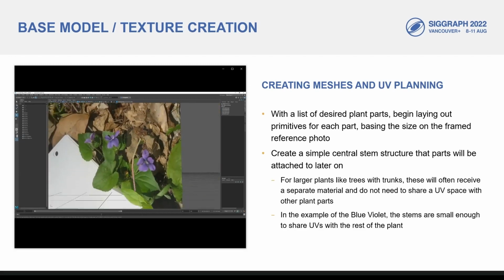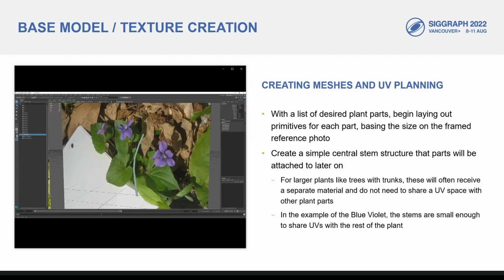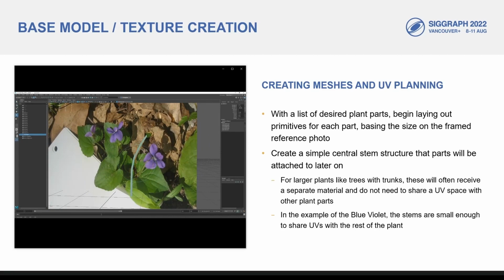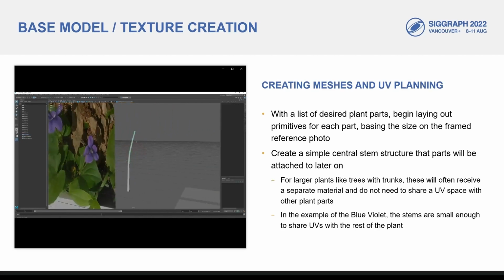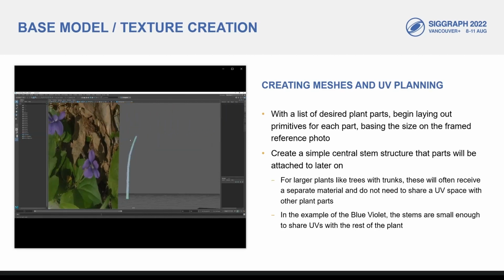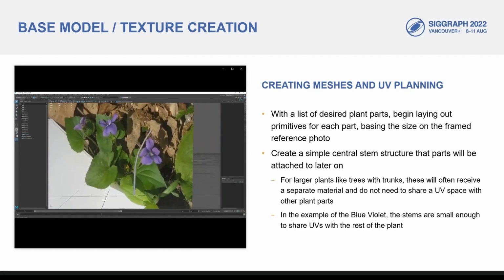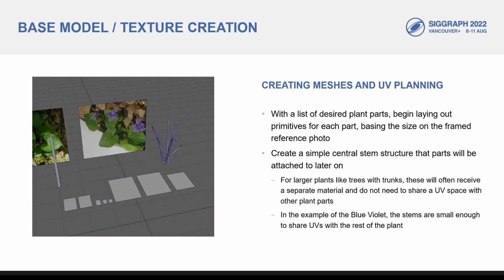And during this process, you should, of course, be referencing your other photos and your data and all of your field work and research, just to make sure the plant retains both the accuracy and, of course, the believability. And yeah, that's the start of a little stem structure. And the final array of separate plant parts would look something like this, a collection of things that we can then combine into our final mesh.